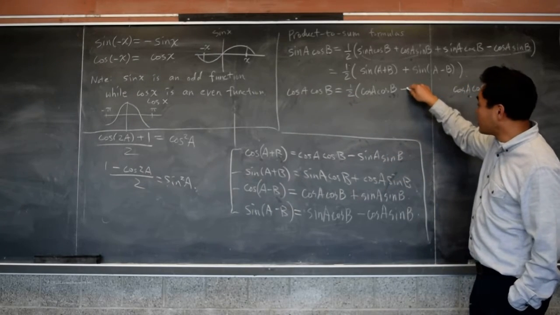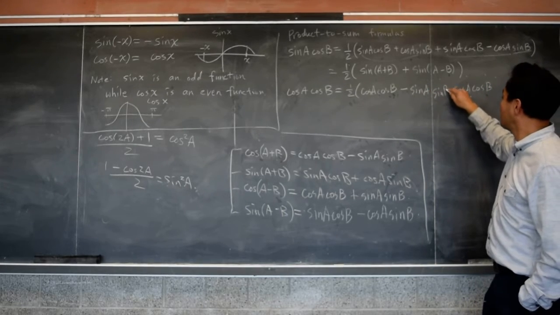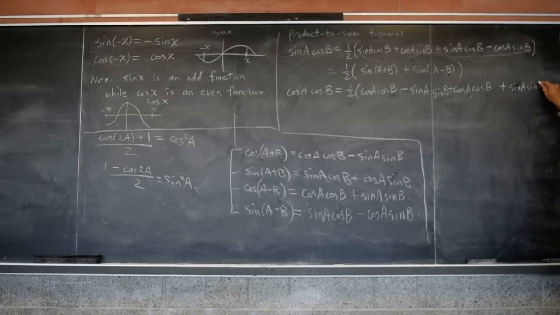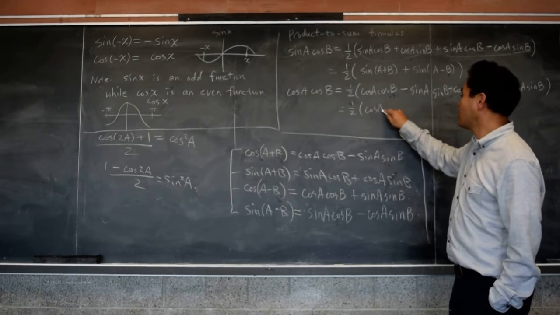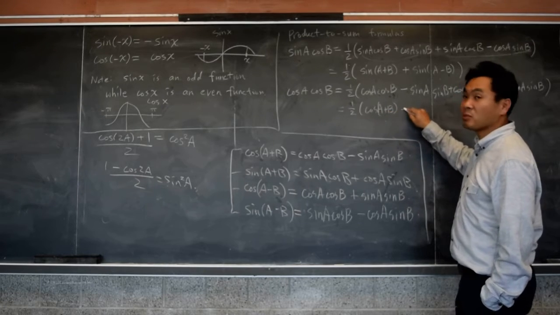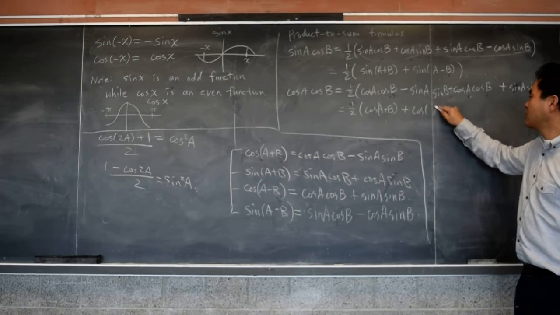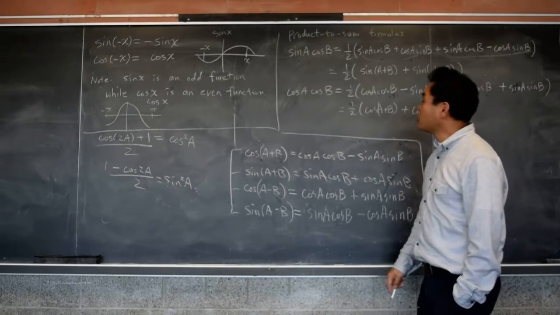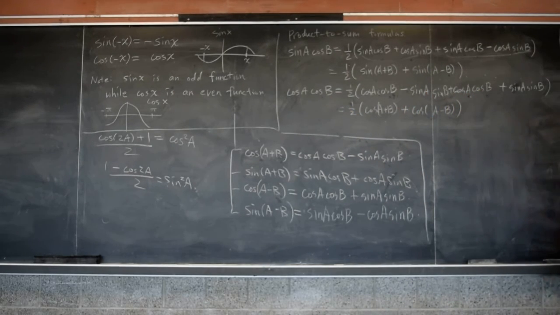And then this time subtract this one, and add sine A sine B. Because that's going to give you 1/2 of cosine A plus B plus cosine A minus B. And what you're doing is effectively changing the product of two cosines into the addition of two other cosines.